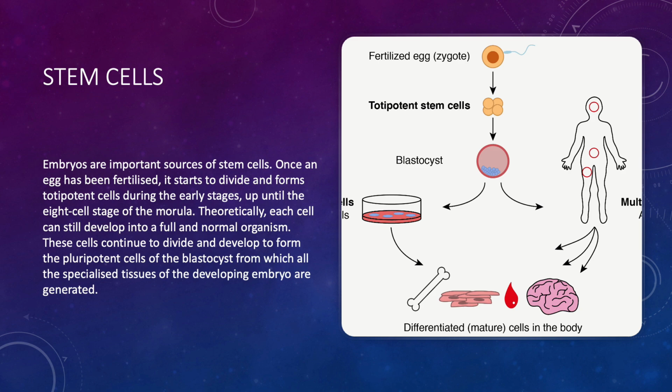And theoretically, each cell at this stage can develop into its own full and normal organism. After this stage, these cells continue to divide and develop to form the pluripotent cells of the blastocyst, which go on to form all the specialized tissues of the developing embryo.